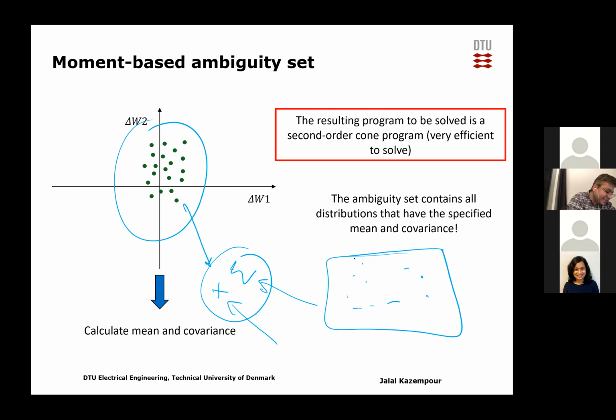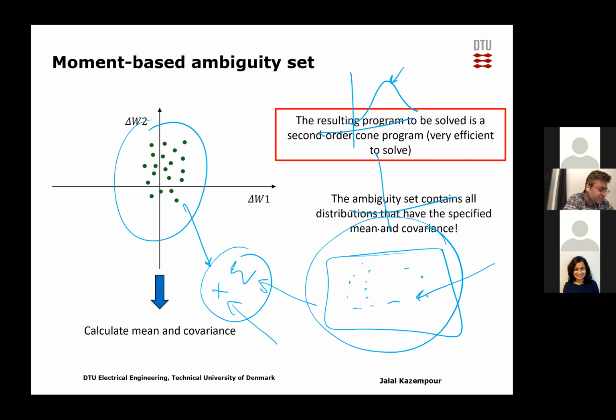Of course, you can think about how to make your ambiguity set realistic. For example, by adding the third moment, or saying that my distributions within the ambiguity set should be unimodal, always having one mode, one peak.